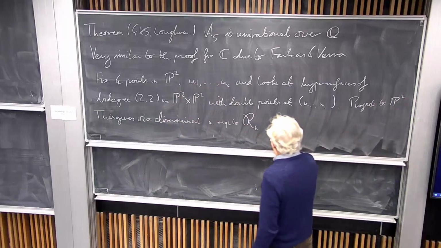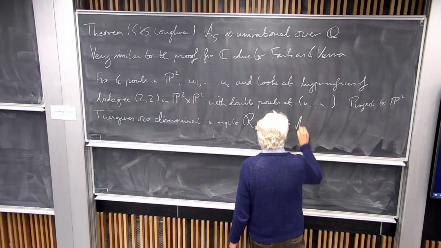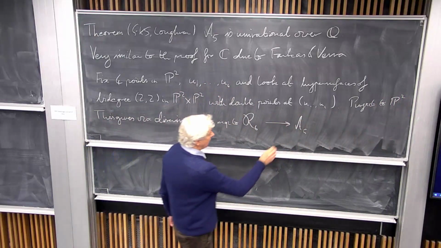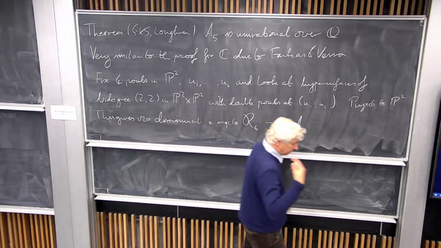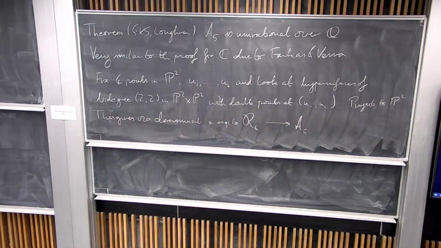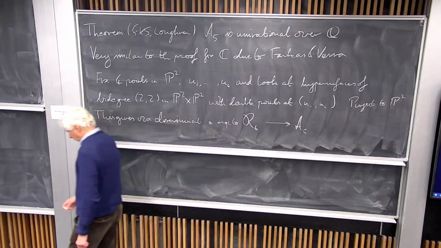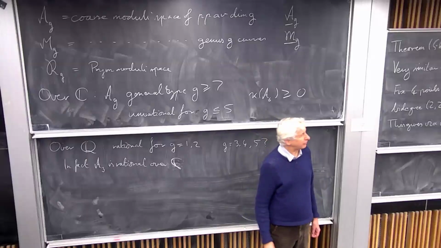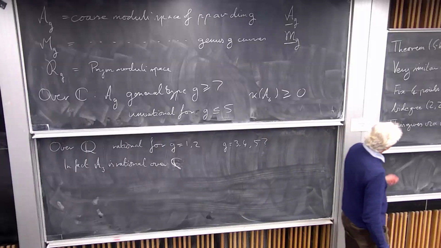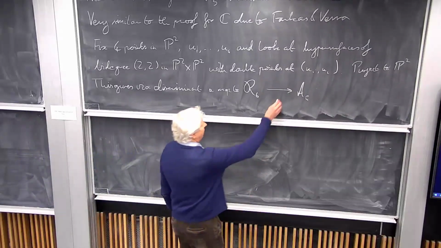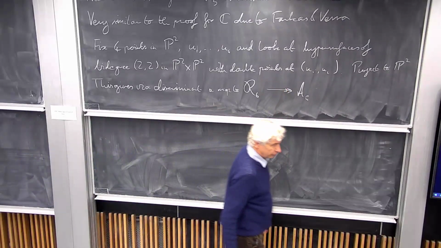And R6 comes with a map to A5, which forgets the cover. The cover has genus 11, so the Prym is a principally polarized abelian variety of dimension 5, and the point is that this is generically surjective.